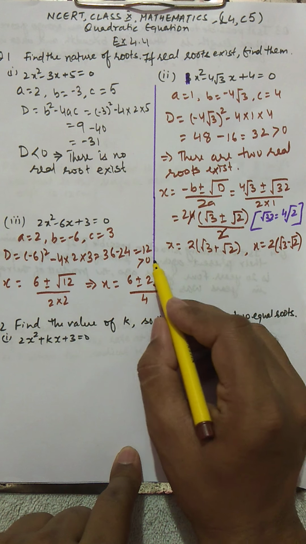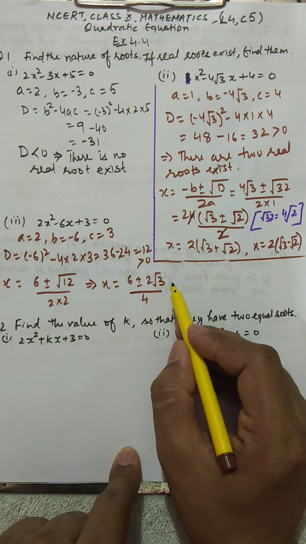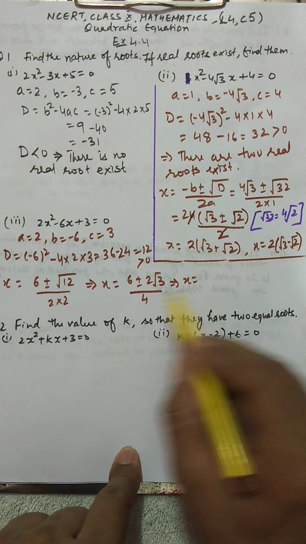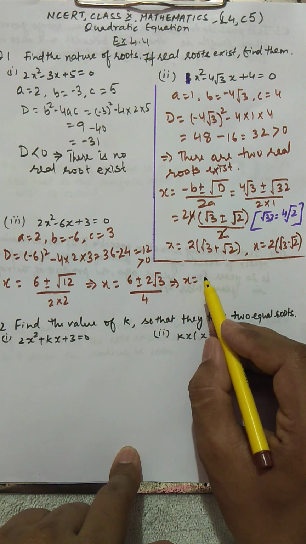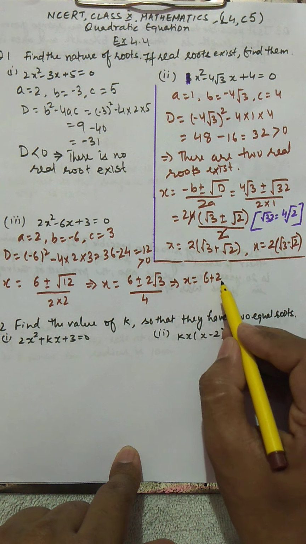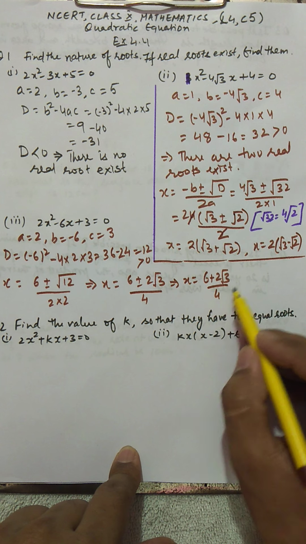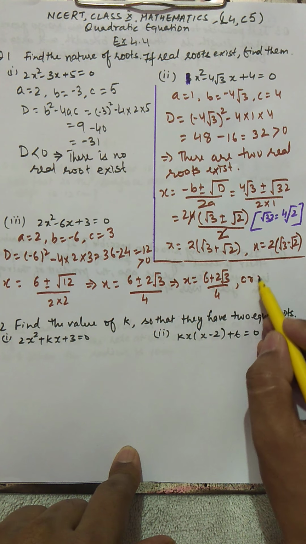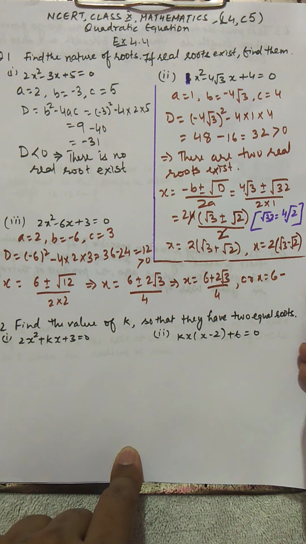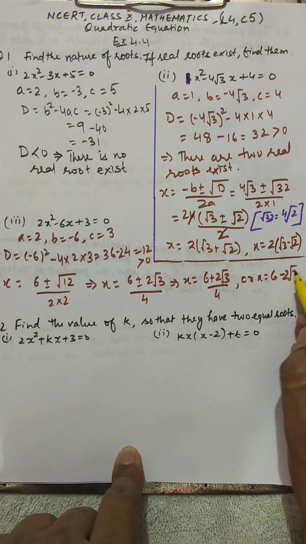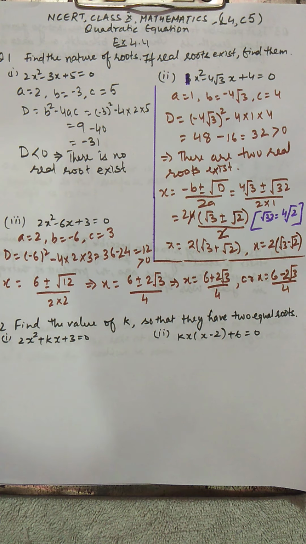So now you can write two answers. The first answer is 6, you can take 2 also common if you want, 6 plus 2 root 3 upon 4, and the second one will be x equal to 6 minus 2 root 3 upon 4. So that's how you can find the zeros.